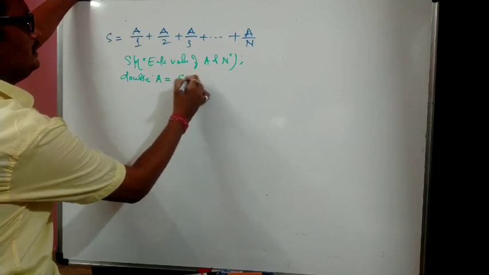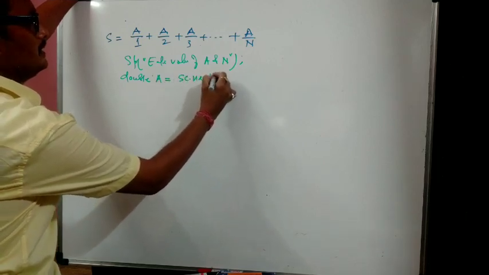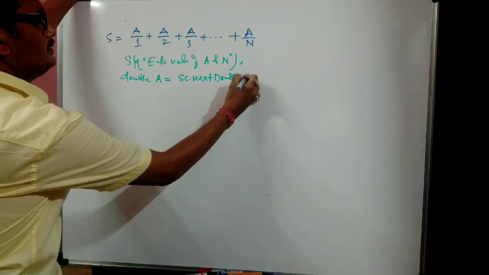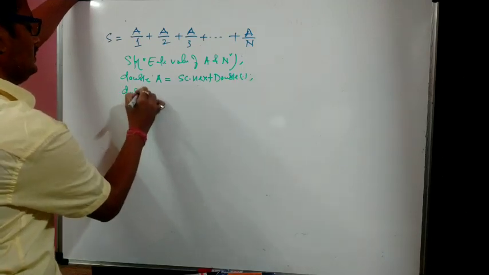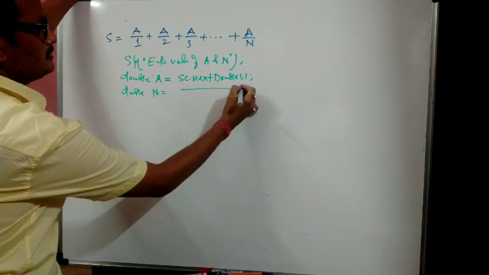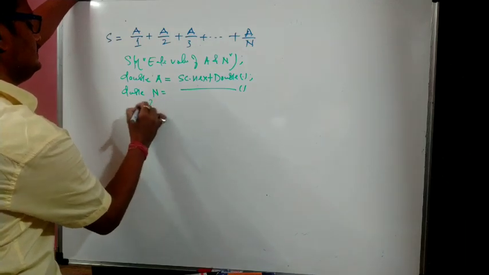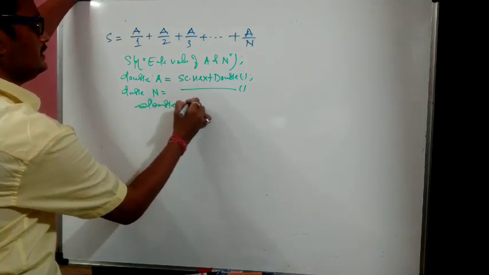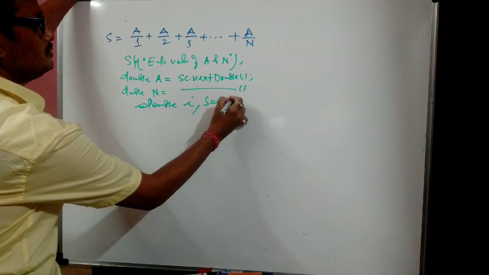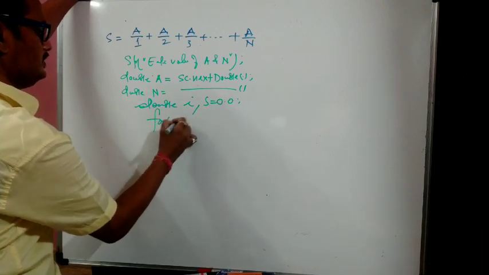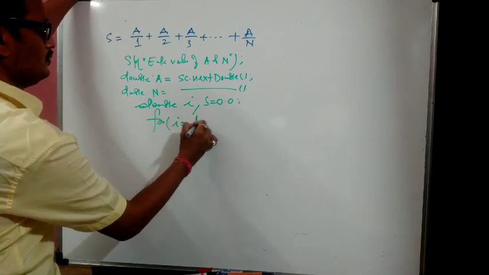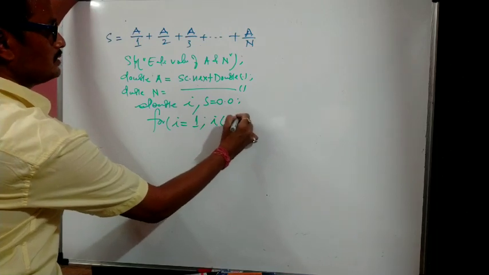Double a is equal to sc.nextDouble, n is equal to sc.nextInt. Take an integer i, and s is equal to 0.0. Here you write for i is equal to 1, i less than or equal to n.